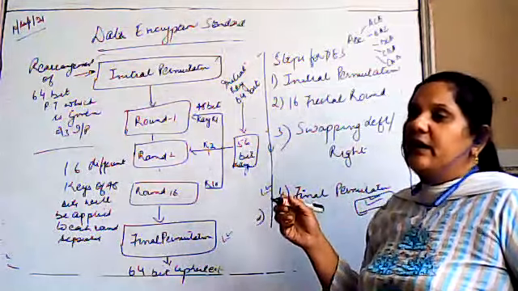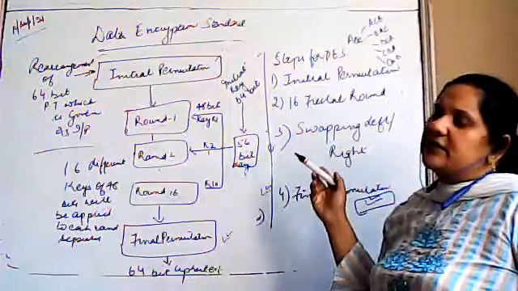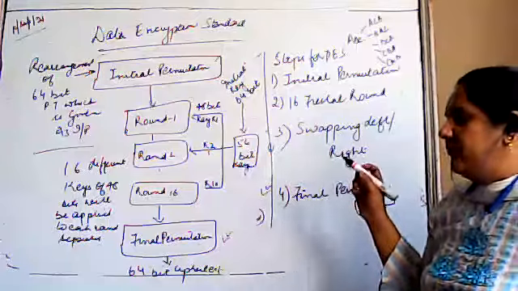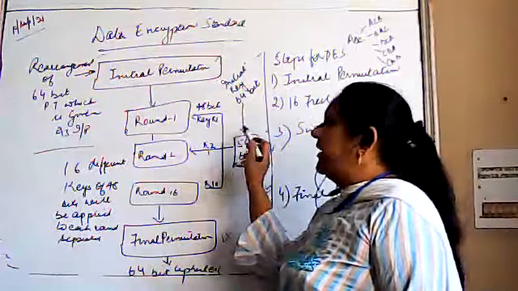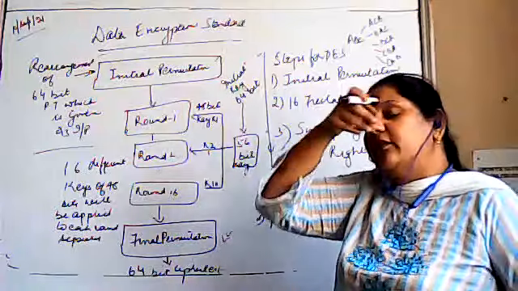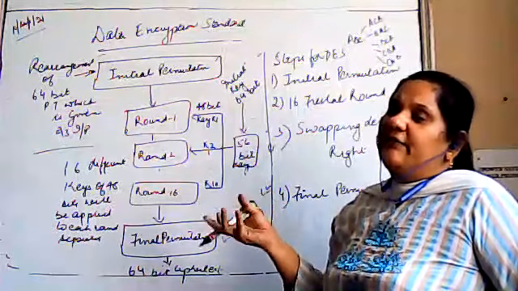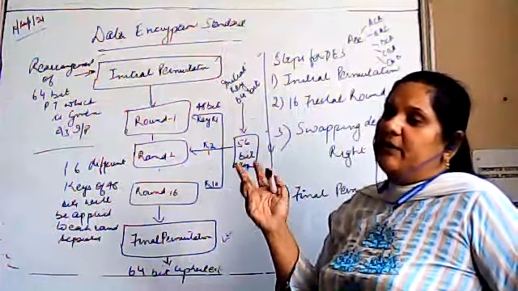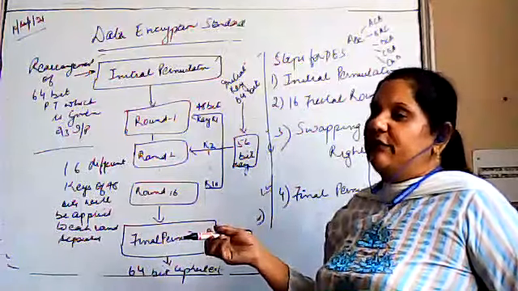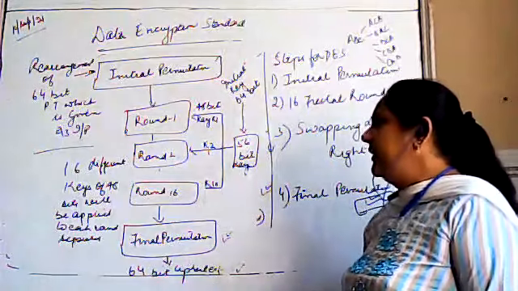Actually, there will be some operations performed in round 1 using the 48-bit key, then in round 2, then in round 3, and in the final output you will do the swapping of left and right parts, and then you will get the final output. And that would be the 64-bit cipher text.